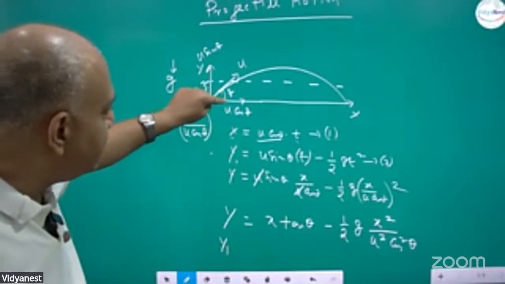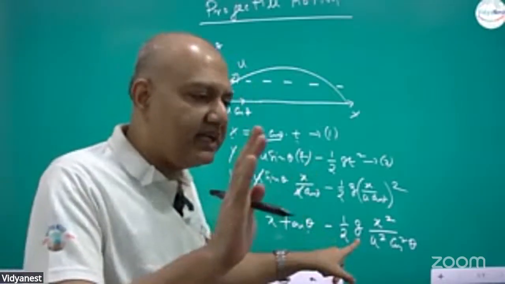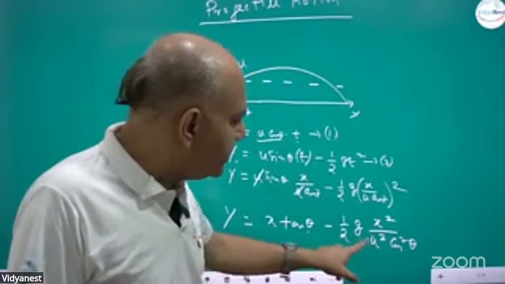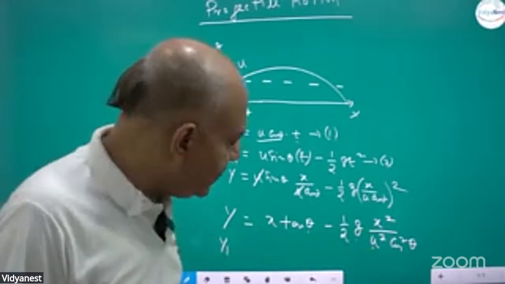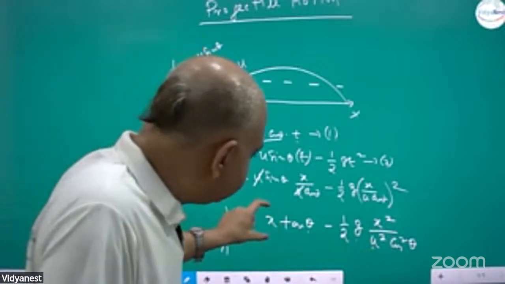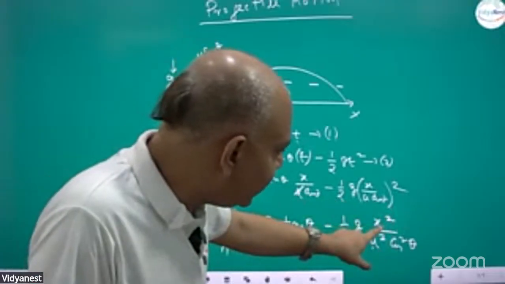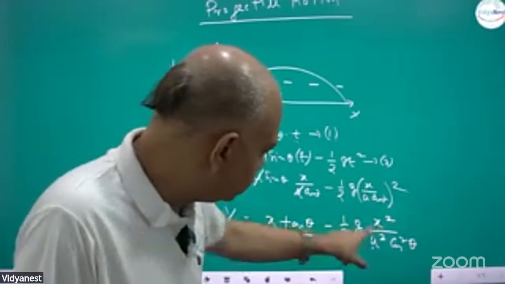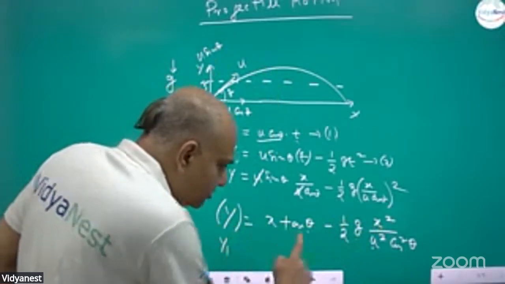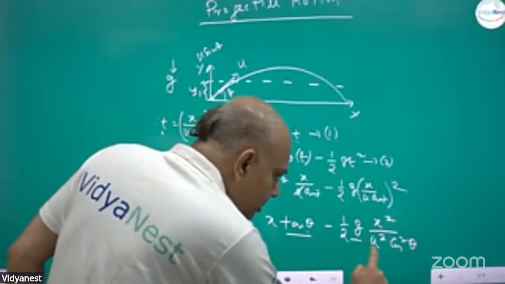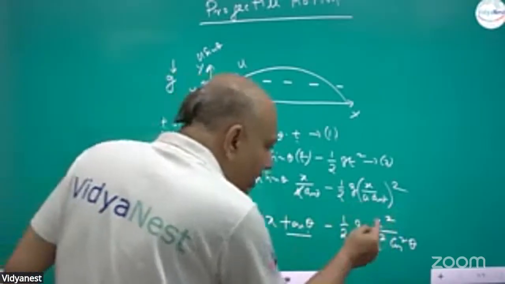And this theta is given, g we can take as 10 meter per second square, and u, the velocity, is also given. Then you can see that the total expression is going to become a quadratic equation of x, because y, theta, g and u are given.